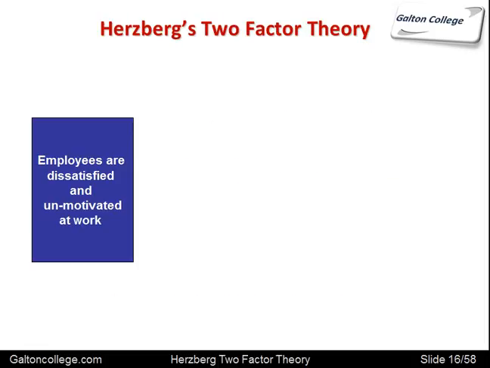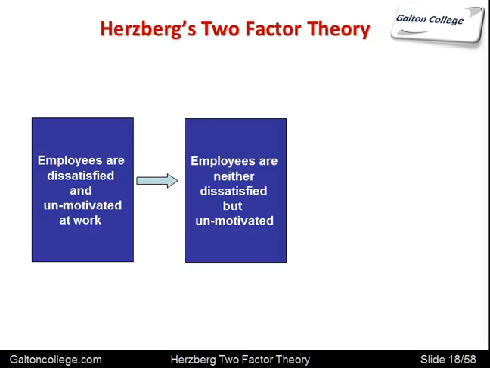So let's look at the two-factor theory. Well, we have employees. Employees are dissatisfied and unmotivated at work. Let's start from this position, a pretty bad position to start from. Now from there we can say employees are neither satisfied nor unmotivated. So if you like, the next one along.